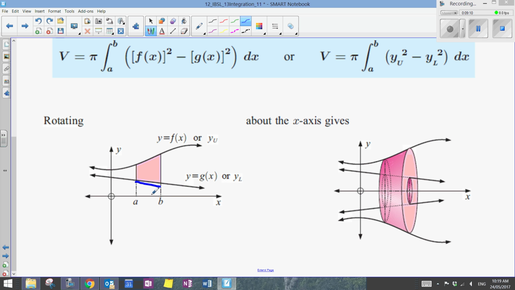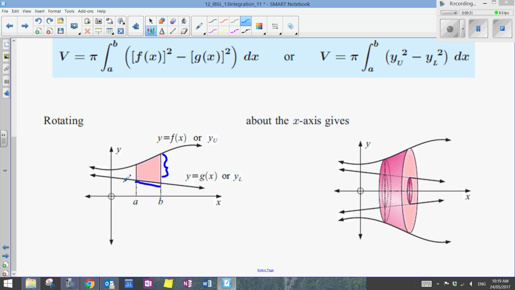If I subtract that out, I'm left with that space, which is the shell of the vase, or wherever the metal is for the washer. So depending on what shape you're trying to set up and find the volume of, you'd have to be strategic with how you set up your upper and your lower functions.